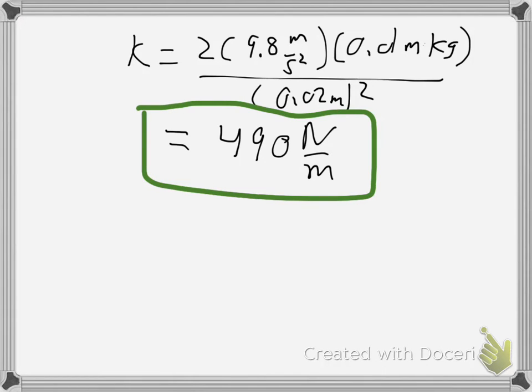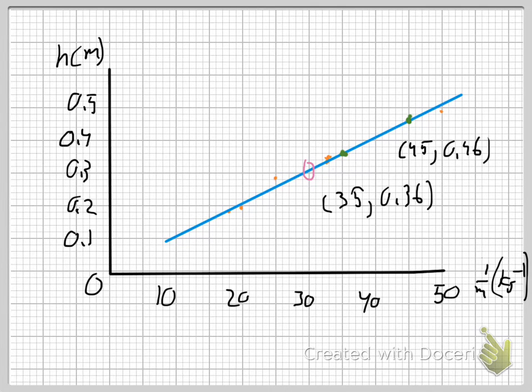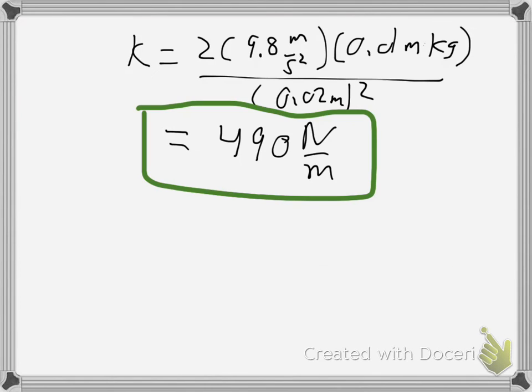Now, there is some variance here because this is largely dependent on your line of best fit. I warned you that mine wasn't exactly perfect. So the AP guidelines will give you some leeway here, about plus or minus 25% or so from what they perceive as the ideal answer.